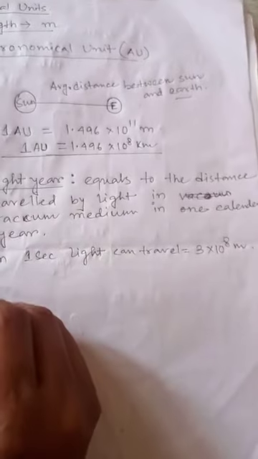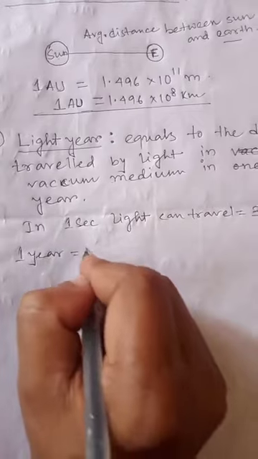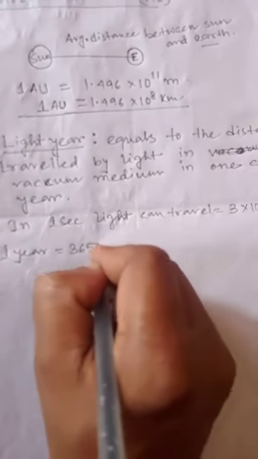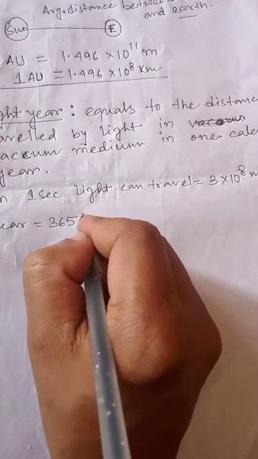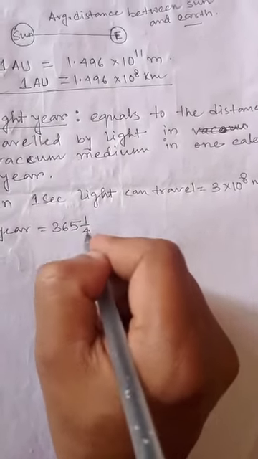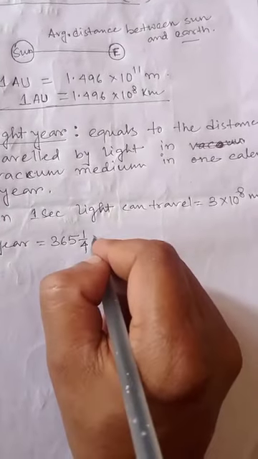So if I talk about 1 year, then 1 year is near about 365 and a quarter days on average.